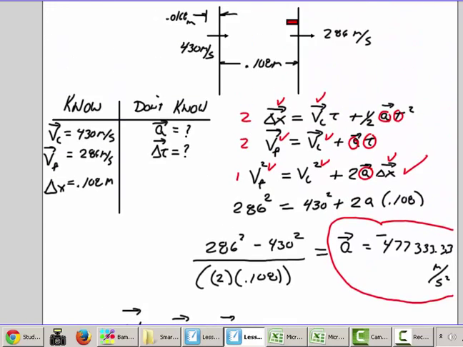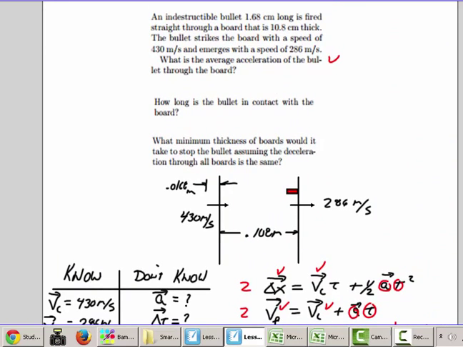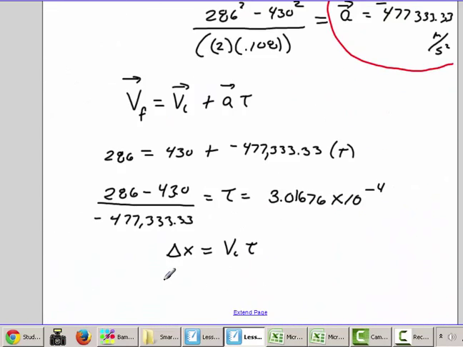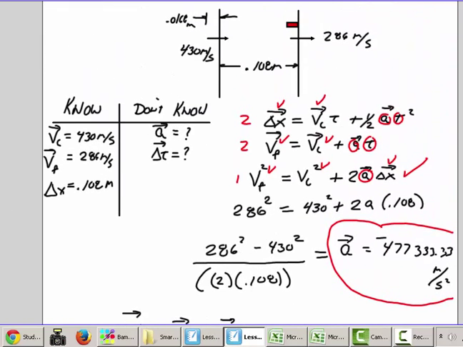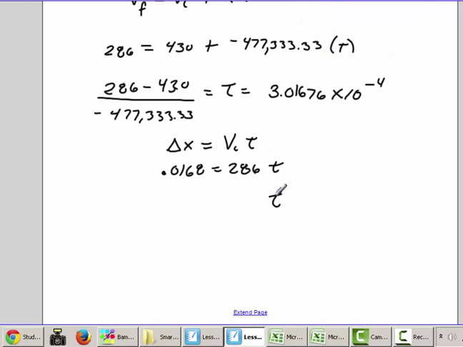Delta x in this case would be the length of the bullet, which is 0.0168. My velocity in this case is 286, and we're going to solve for T. So T equals 0.0168 divided by 286.